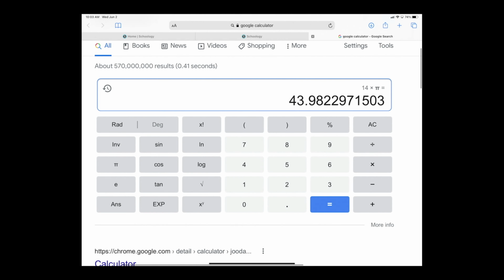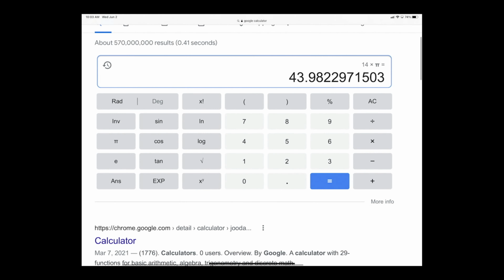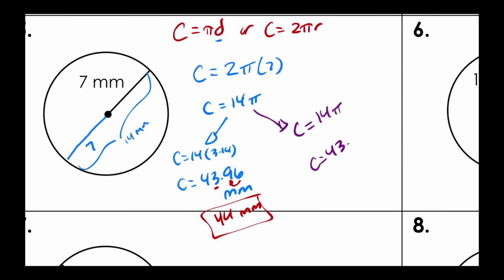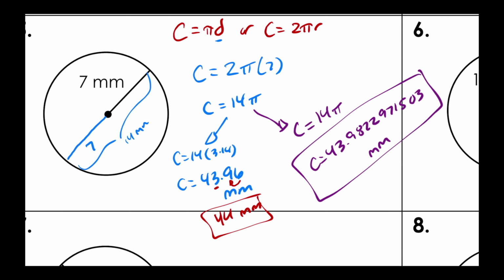You will get 43.9822971503 millimeters. Okay, not too different, right? 43.96 and this both would round to 44, so you would say around 44.